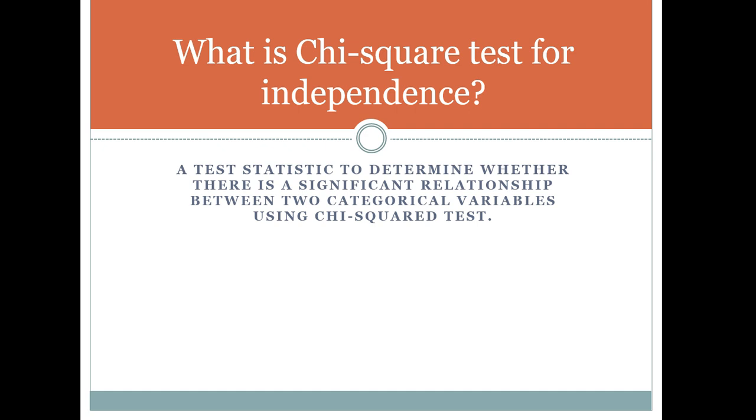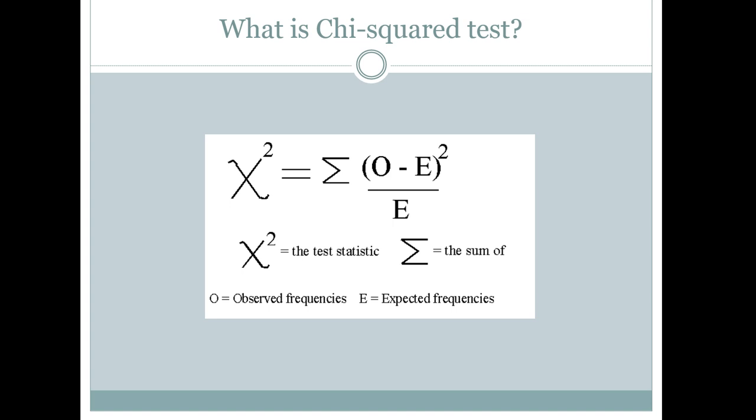To illustrate this, I have prepared an example. It's hard to separate these two because they are so conceptually related, and it's a lot easier to discuss chi-squared tests and chi-square test for independence simultaneously, as long as you follow the discussion very closely.